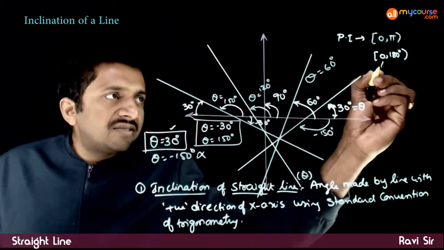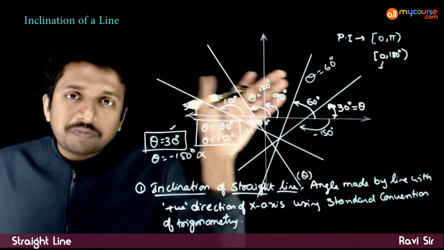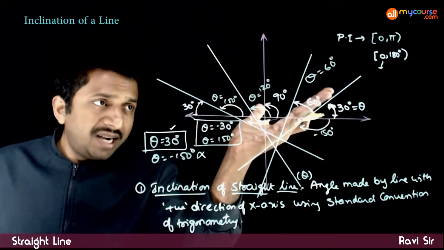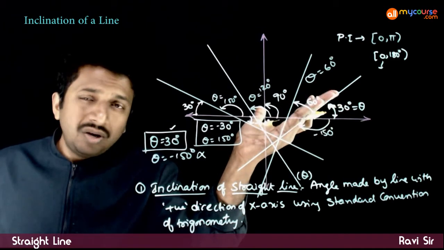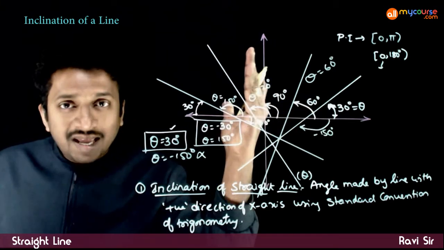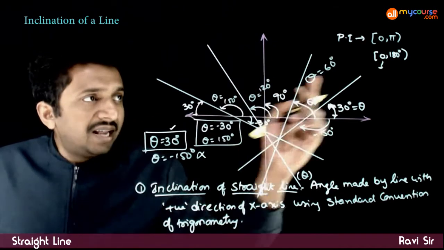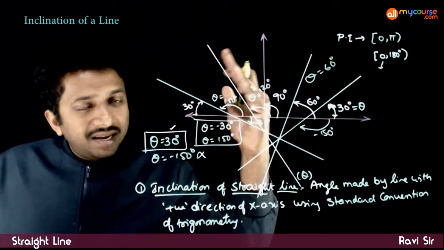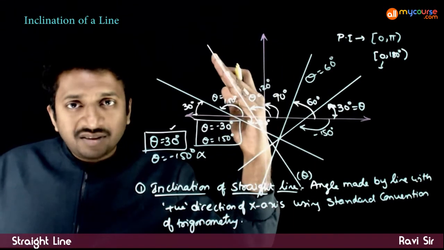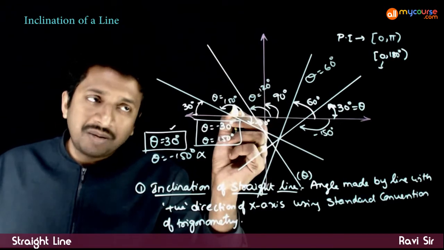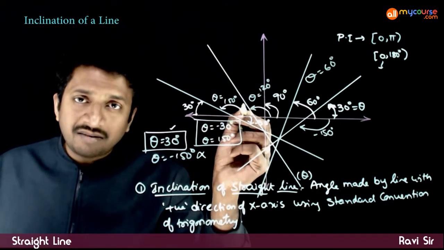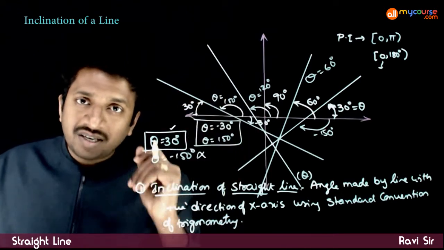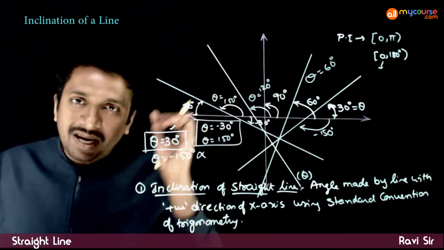So inclination starts from 0. 0 means parallel to the x-axis. And as you rotate the line, the inclination slowly increases. When the line becomes parallel to the y-axis, the inclination becomes 90 degrees. And as the line makes an obtuse angle with the x-axis, the inclination also becomes obtuse. 90, 100, 110, 120, 150, 160, 170, 179.9999.